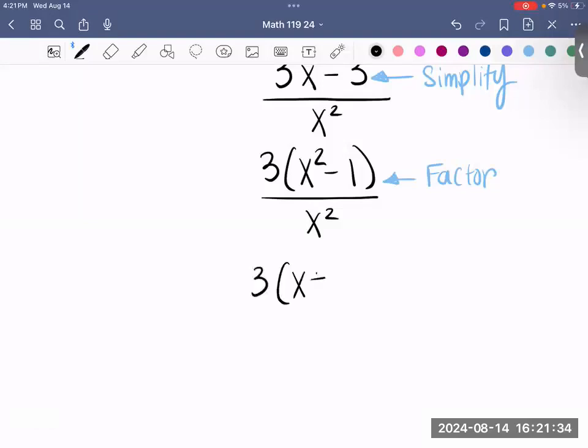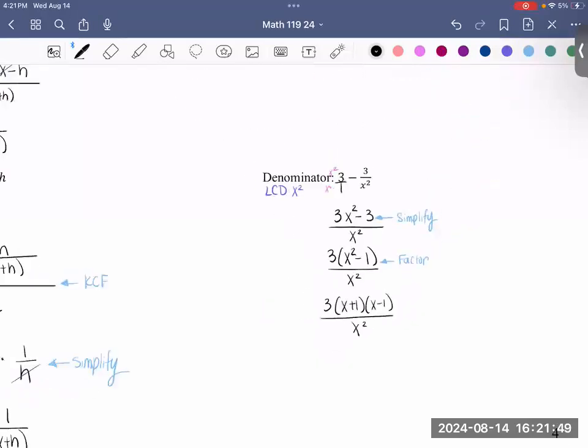This is really x plus 1 and an x minus 1. It just tends to be that students kind of forget if they don't do it right here, right now. So kind of always ask yourself, am I done? Is it factorable? Things like that. Okay. So while it does look a little bigger is okay as long as it's more in its factored form.